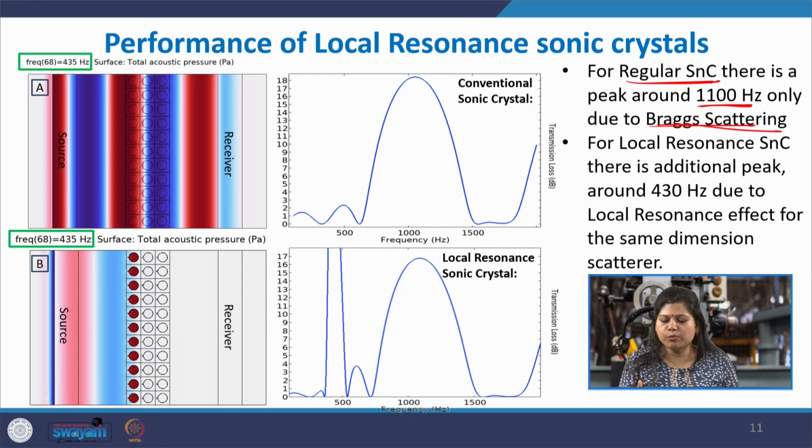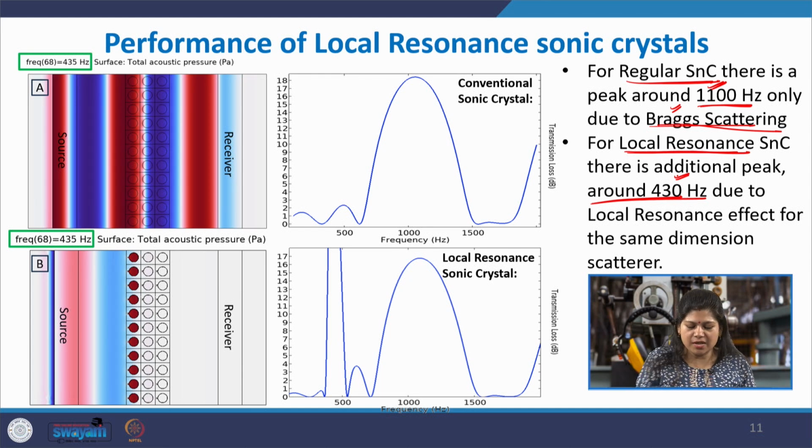So, it acts as a Helmholtz resonator, and in addition to the Bragg scattering, it is using local resonance and getting an additional peak at a much lower frequency of 430 Hertz, a very high peak, because resonance leads to a very sharp, high attenuation, and the remaining peak is the same. So, this shows the effect of local resonance, which you can clearly see through the transmission spectra.